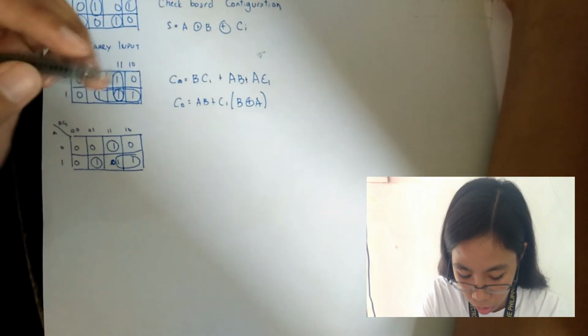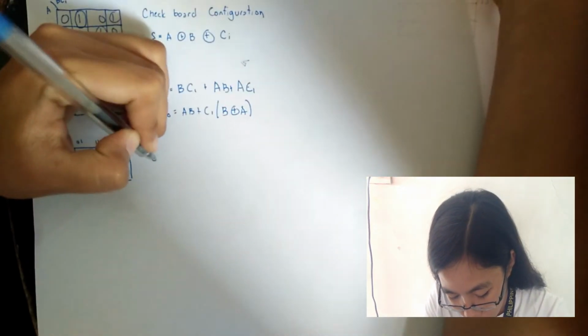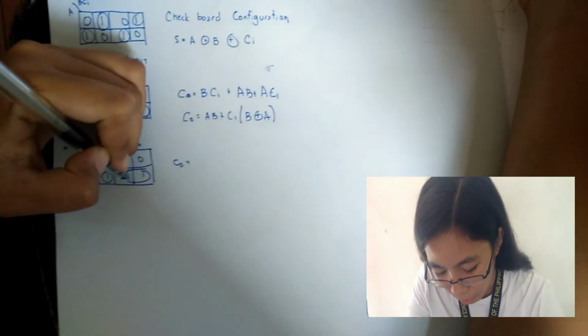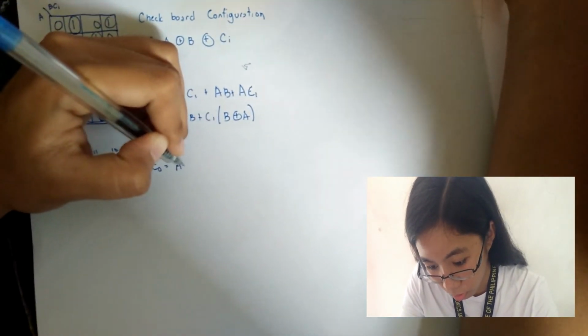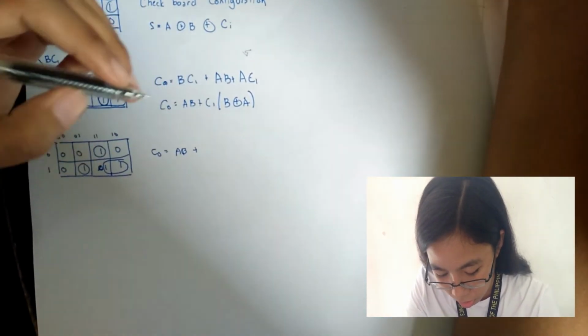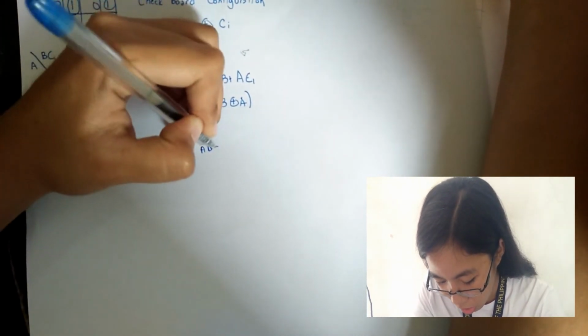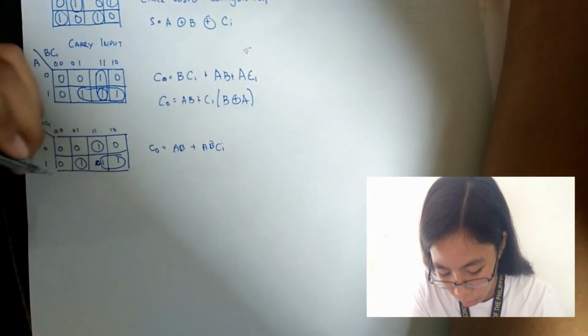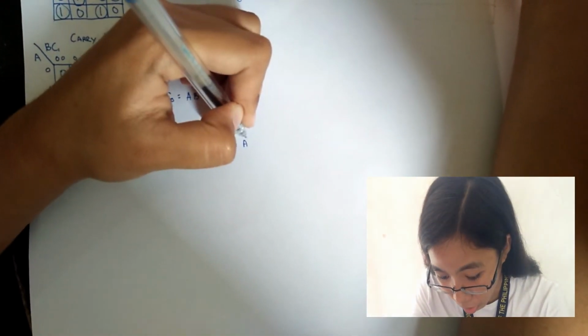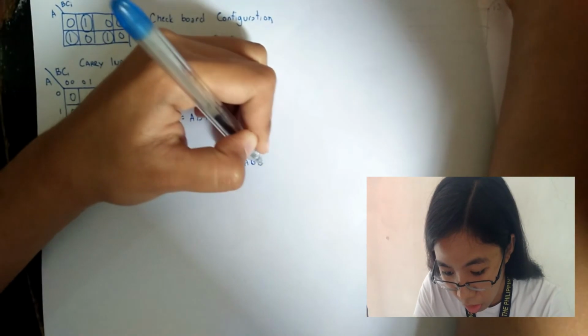Let's see what we will get: AB from this one, plus A B bar C input from this one, and A bar B C input.